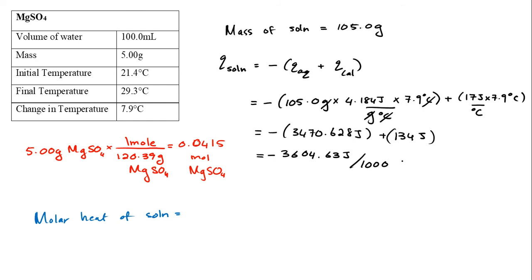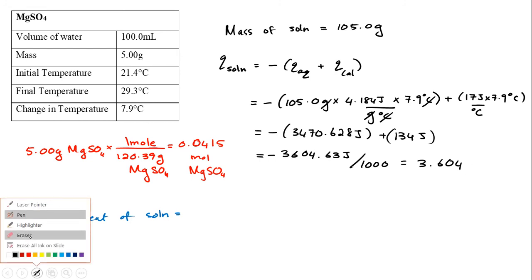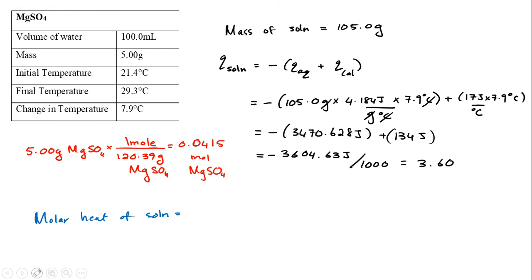Okay, and you have 3.605 kilojoules of energy, so 3.605 kilojoules of energy is the Q for solution.